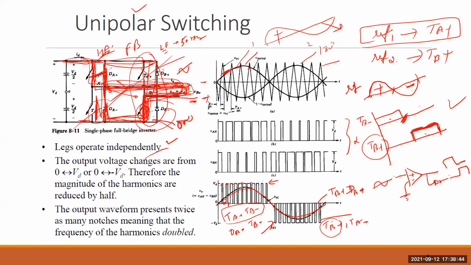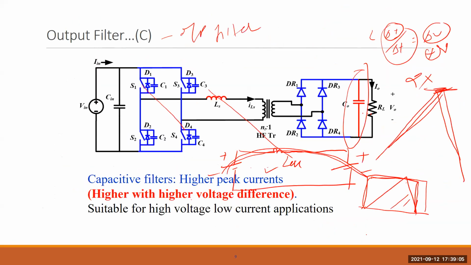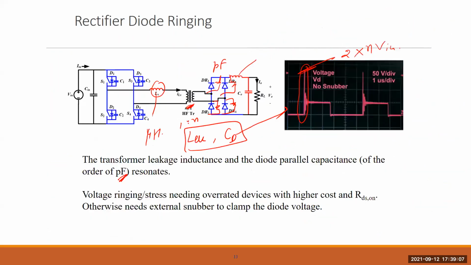Sir, it means power which does not provide the fundamental power will be called reactive power? No, that has two components: a loss component and a reactive component. The reactive component is coming due to the presence of inductance in the circulating current.